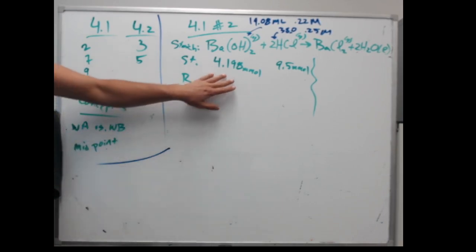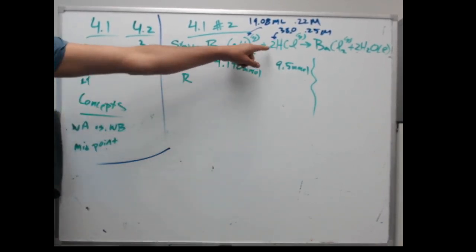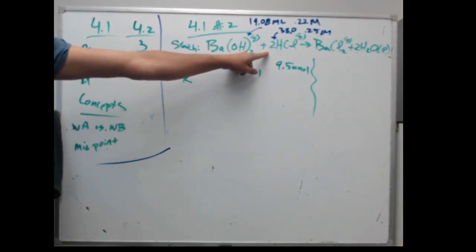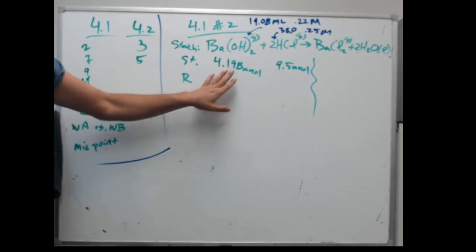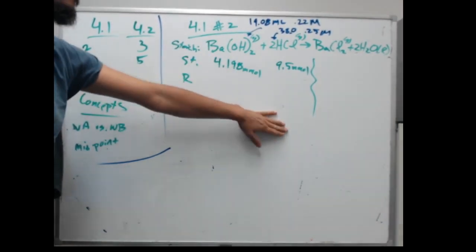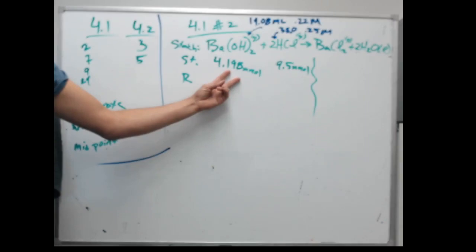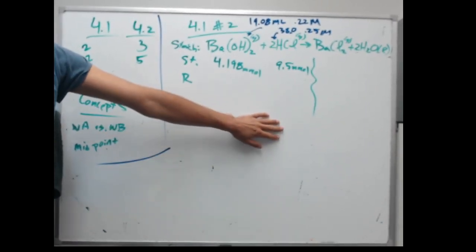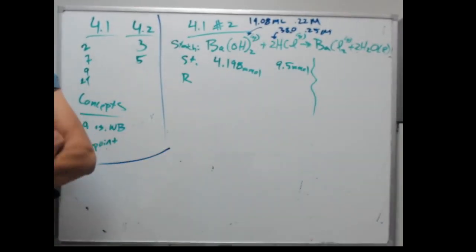So usually people just pick the smaller number and forget to take the mole ratio into account. So one of the ways you can do it is you can just guess and check. If you use this one and then you get a negative number at your end step, at your excess, you picked the wrong thing, go do it again with the other one. Or you made some other mistake, but you've made a mistake someplace.